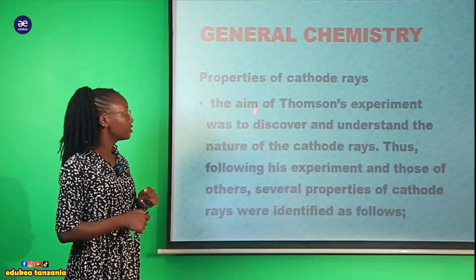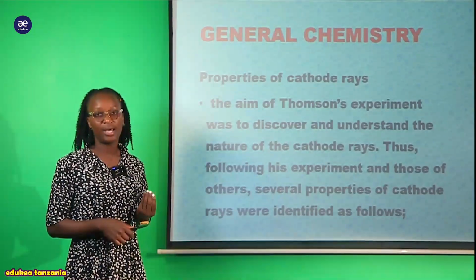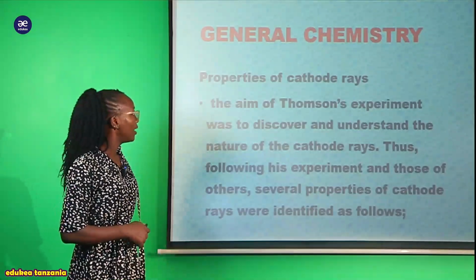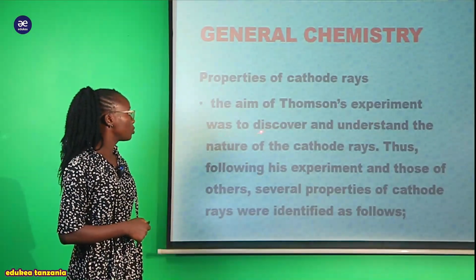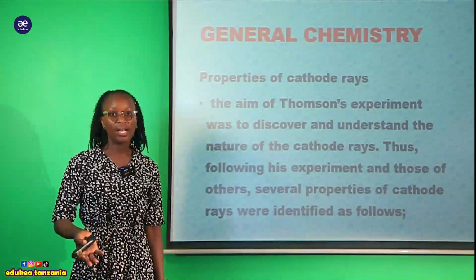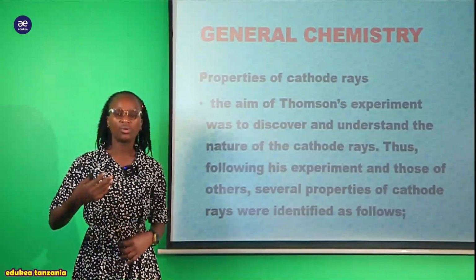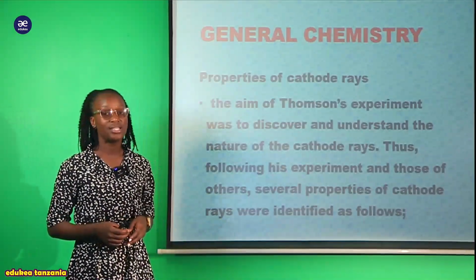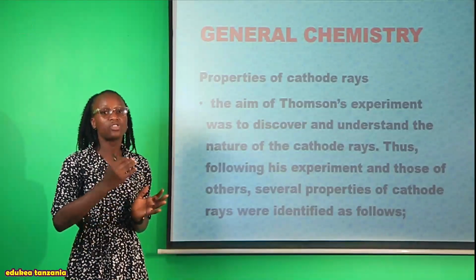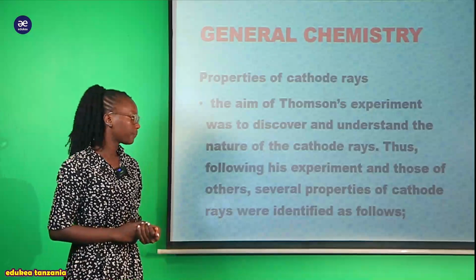So the aim of Thomson, ambapo J.J. Thomson ndo alikuja na hii concept ya the cathode ray baada ya kufanya experiment yake. So the aim of the Thomson experiment was to discover and understand the nature of the cathode ray. Lengo lake lilikuwa kudiscover, lakini kuelewa nature ya hizi rays ambazo zilikuja kuwa proposed finally as the negatively charged particle, ambayo tunasema kwamba ni one of the subatomic particles ya zile part of the atom ambayo ni electron.